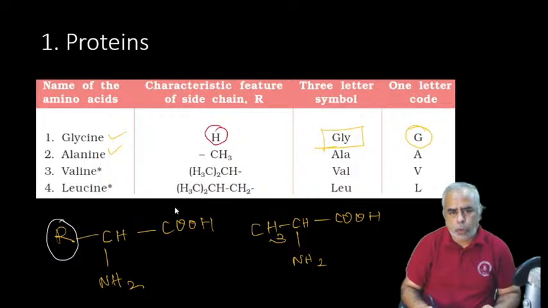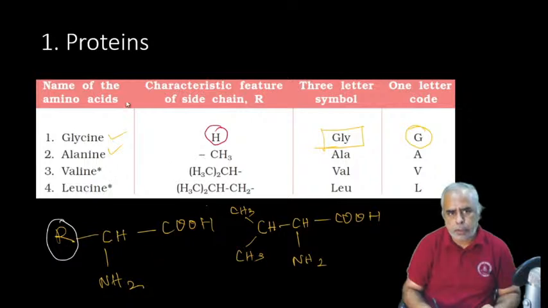So when you replace this H by CH3 twice, what do you call this? This is isopropyl group, is it not? So just by replacing this R by isopropyl, you have CH and then CH3.